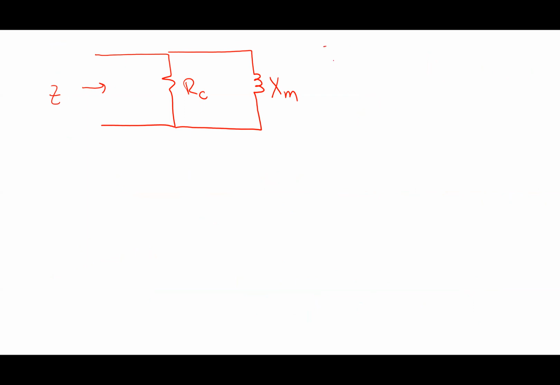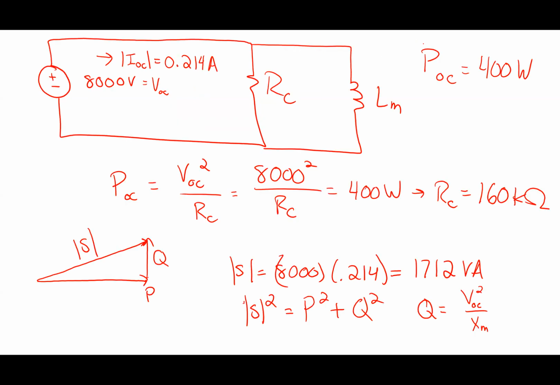Now I know the magnitude of the impedance, don't I? I also know the total current, I. I knew what I_OC was. The magnitude of it was 0.214. Is that what I said? Yes, 0.214.